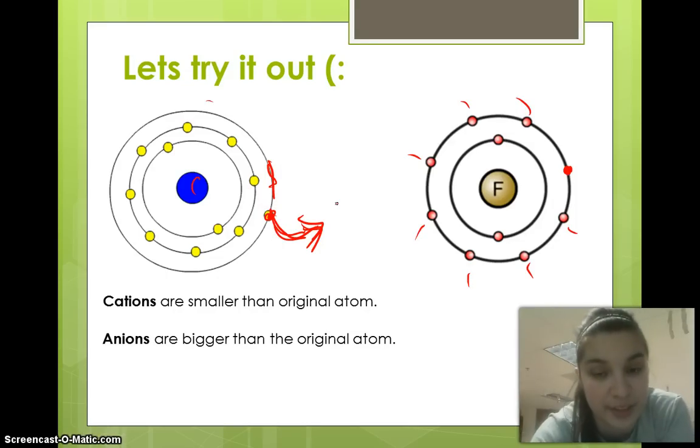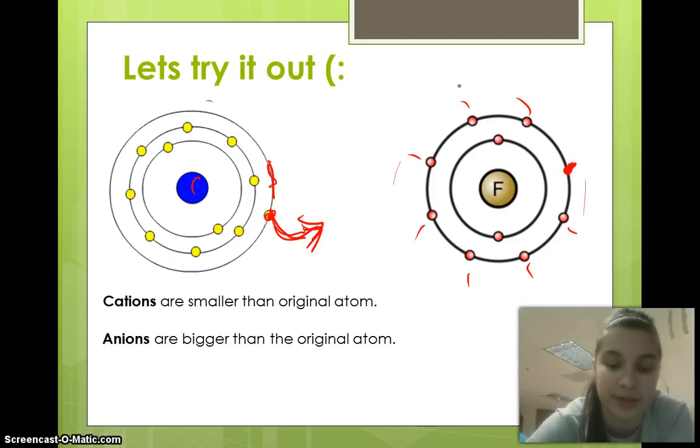Anions are bigger than the original atom because when you add another negative charge, these negative charges are going to repel each other and the atom is going to get fatter so that each electron can have more space. So cations are smaller than the original atom and anions are bigger than the original atom.